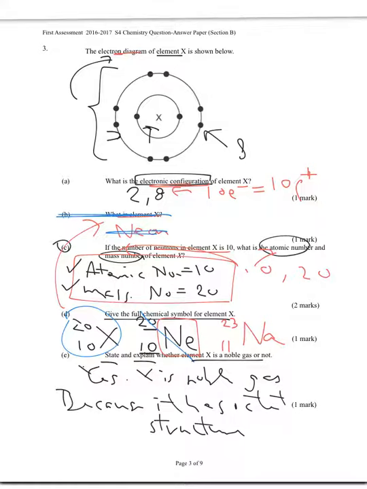Anyone can let me know? Yes, doublets. Which element is a doublet? Helium. Helium only has one electron shell with two electrons.